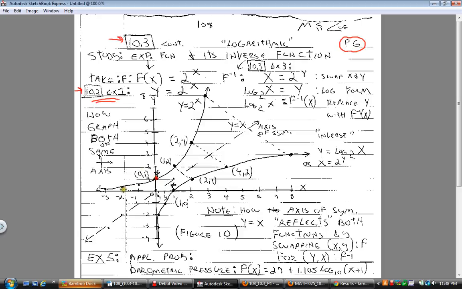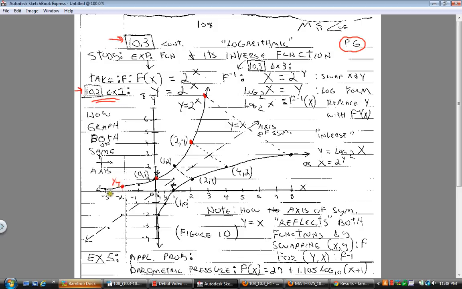I'd come down here maybe for -2, find the corresponding y value, and as I come up here I might find 2, 4 was on the graph, and maybe finally come up here and realize 3, 8 was also on there. This is -2, 1/4, by the way.